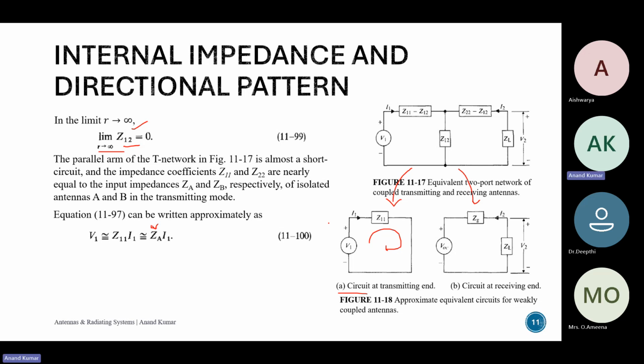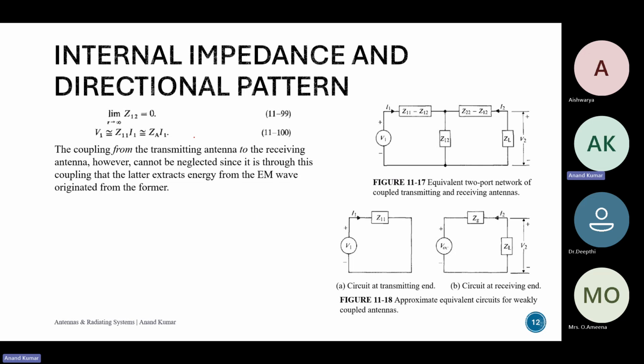So we have shown that this Z11 coefficient is essentially the input impedance of the transmitting antenna, as we have negligible effect of Z12, and the equivalent circuit for this half is drawn here.